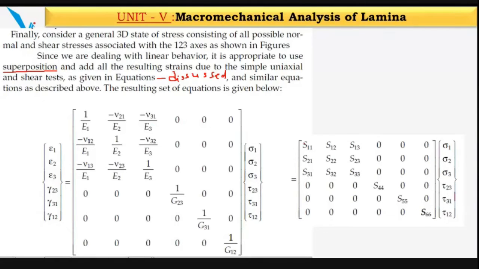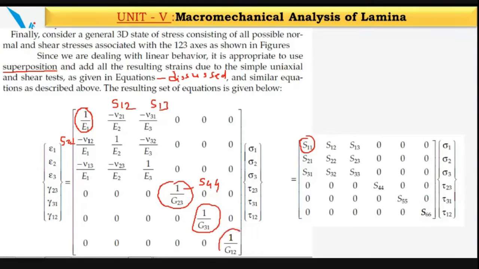So I have given this matrix: this S11 represents this value, this is S12, this is S13, then this is S21, likewise, and this is nothing but S44, S55, and S66, the shear moduli. So now we got all the constants for this compliance matrix S. You have to remember these constants or know how to find them, because whenever a numerical based on this is asked, you should know them. We'll take one quick numerical based on this also.